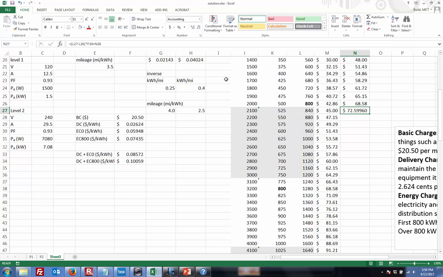Plus the 68.58, yep. And you'll notice that you hit that 68.58 earlier. It still happens at 800 kilowatt hours, but it happens at 2,000 miles instead of 3,200 because you're less efficient.